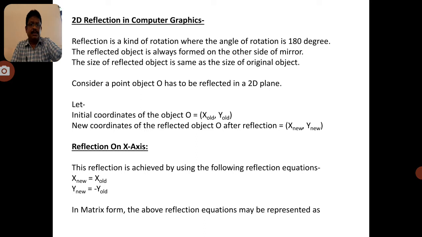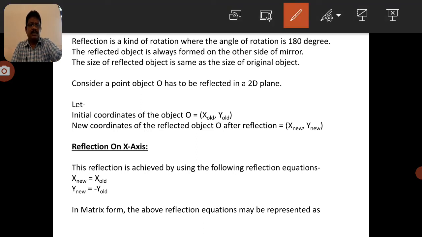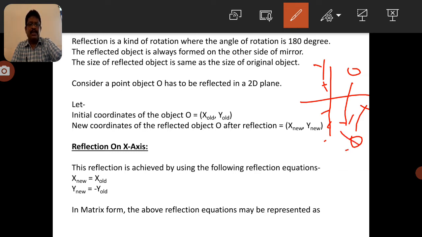For example, consider a graph with an x-axis and y-axis. If the object is located here, the reflection takes place exactly at the bottom of the x-axis. The x value does not change, but the y value becomes negative, where it was positive before. So whenever the object is reflected on the x-axis, the y value becomes negative.